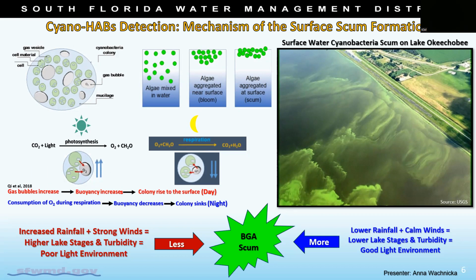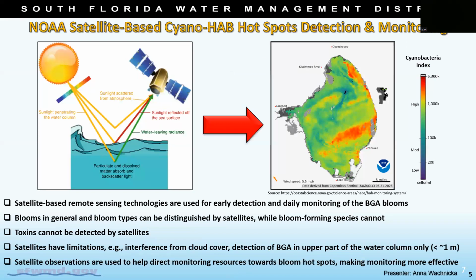They're even better visible when we have calm wind conditions, very little precipitation, low lake stages, and low turbidity. Then they position themselves near the surface and are really well visible. This is key for remote sensing technology.